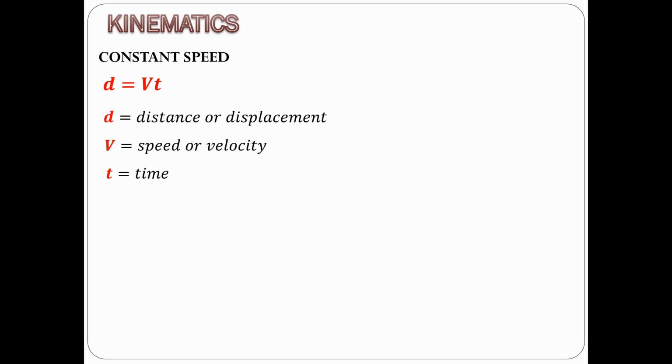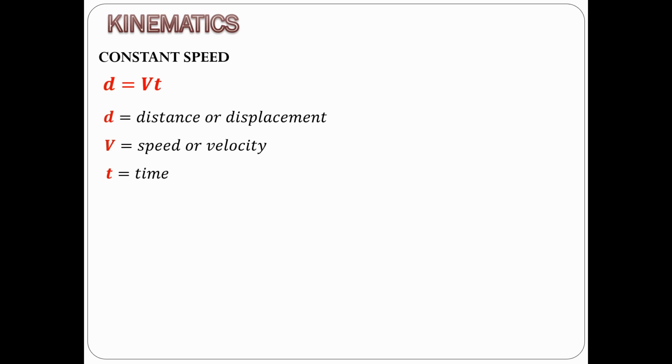So remember this: if you are going to use v as speed, then d is going to be a distance. And if you are going to use v as velocity, then d is going to be displacement. For objects moving at constant speed, the instantaneous velocity is the same as the average velocity because the velocity is not changing.